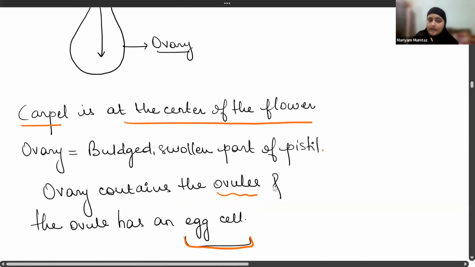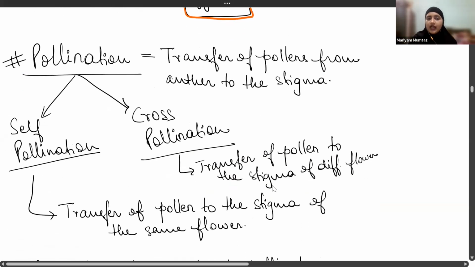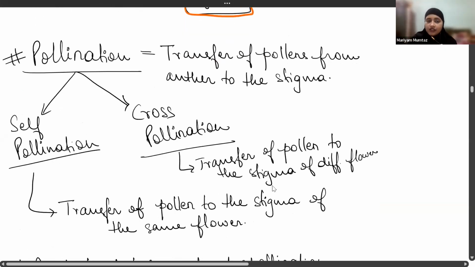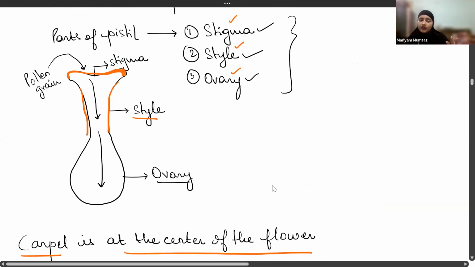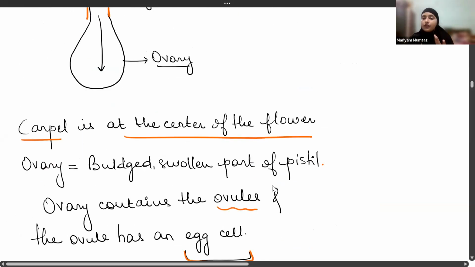Yes, ma'am. Okay. So now let us talk about pollination. This was about the female reproductive part. We have already done the male reproductive part. Now we know what structures are there, and we will see how those structures are involved in the reproduction process.